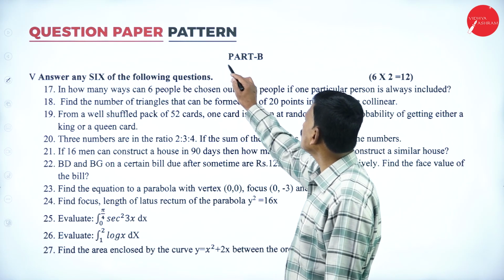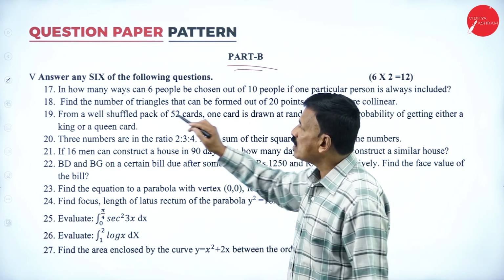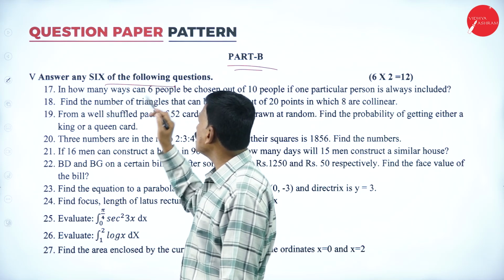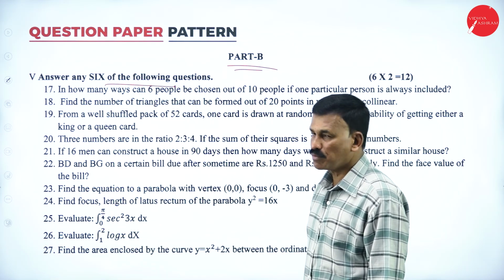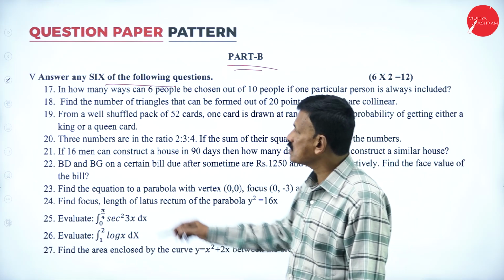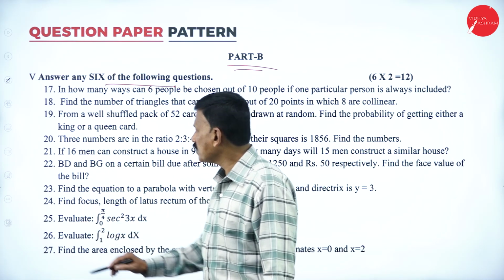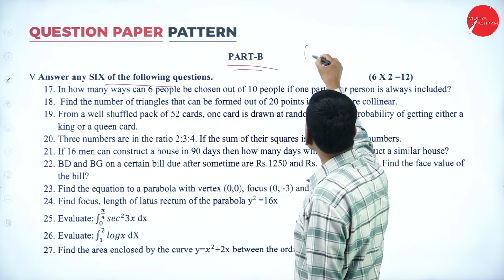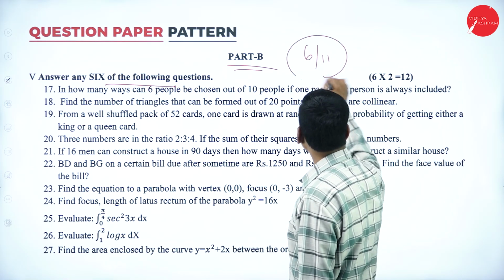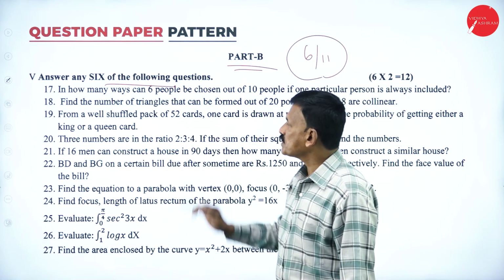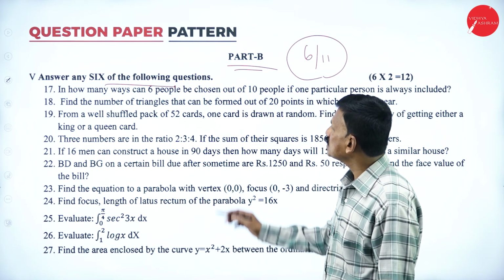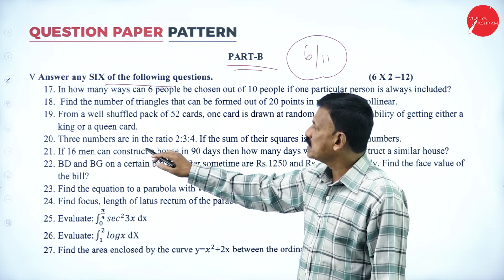Now part B. In part B, answer any 6. 11 questions will be there, 1, 2, 3, 4, 5, 6, 7, 8, 9, 10, 11, and you are going to answer 6 out of 11. Each carries 2 marks. The first one is from permutations and combinations. Again this is from probability.